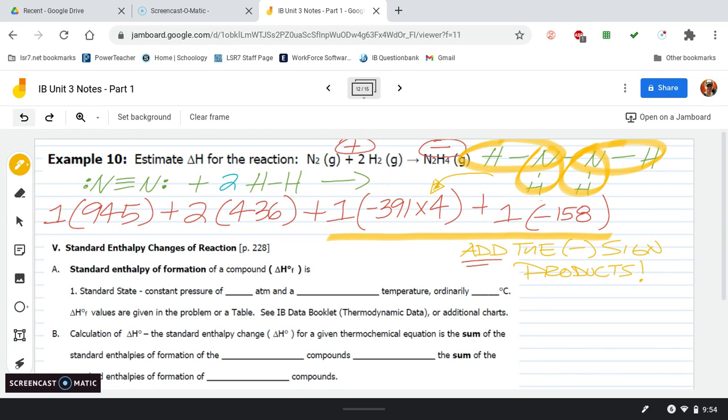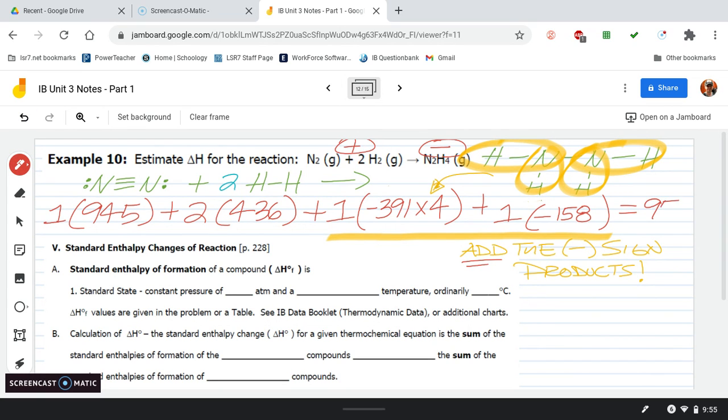And then we're going to add that to the negative 158. So after all of this adding and subtracting, you're going to end up with a value of 95. Oh, still didn't change that.